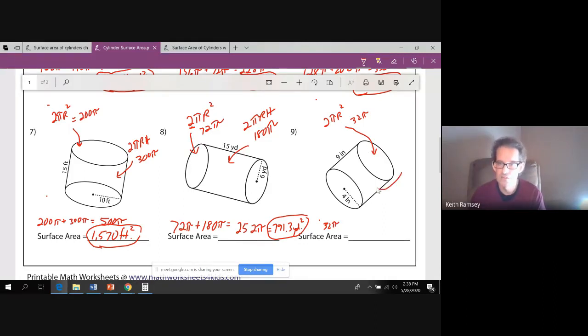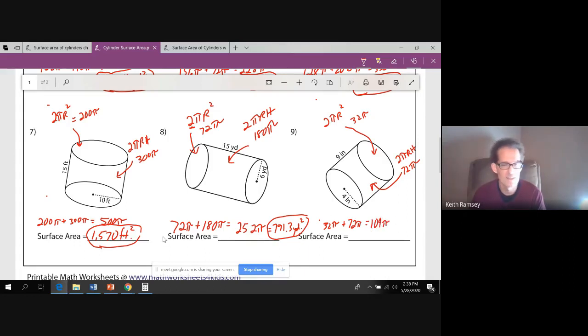So my lateral surface, this part here, the part that's curved, is 2 pi times the radius times the height. So if my radius is 4 times the height of 9, that's 36. 36 times 2 is 72 pi. So 32 plus 72 is going to equal 104 times pi.